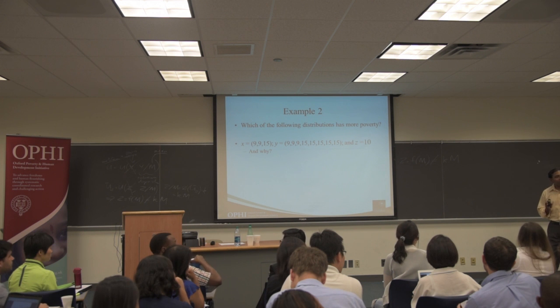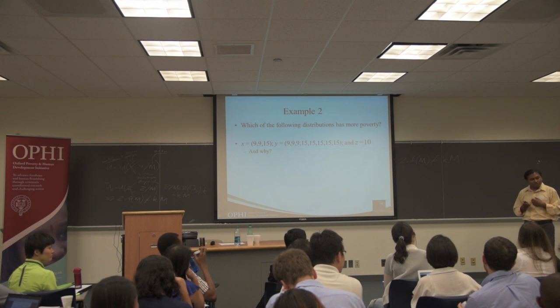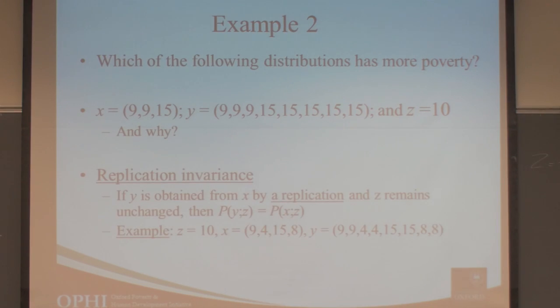The literature takes a sort of neutral position. This is a property called replication invariance, which argues that if you clone everybody in a society with the same level of income, and you create a duplication of a society, then poverty should be the same in these two societies.